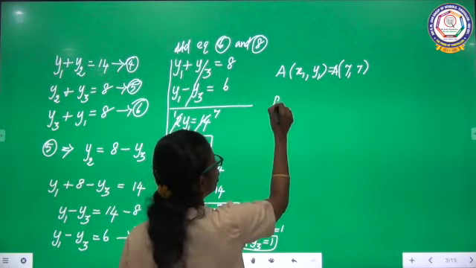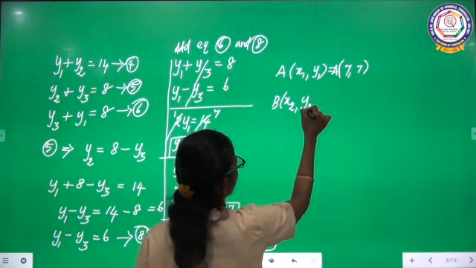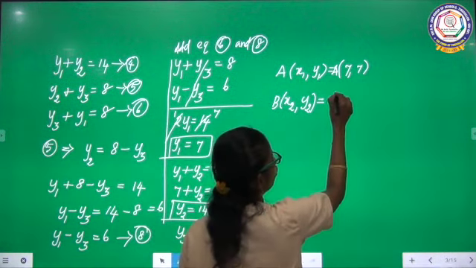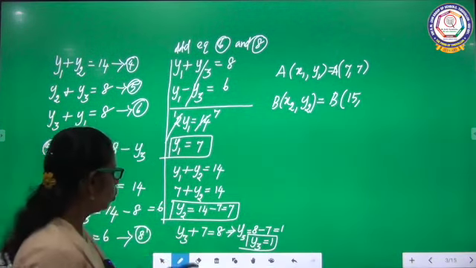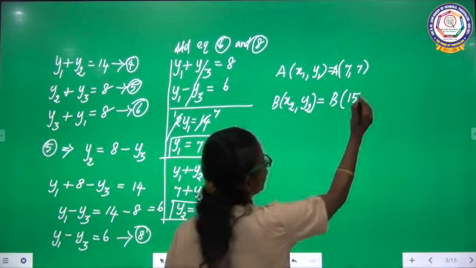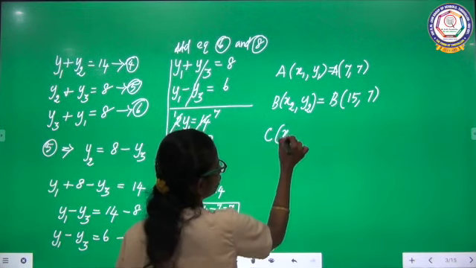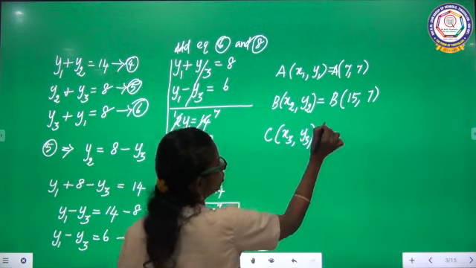Next, B coordinate what you consider? x2, comma y2, which is equal to x you found as 15. Here what is your y2? y2 is 7. Next, C coordinate you consider as x3, comma y3.